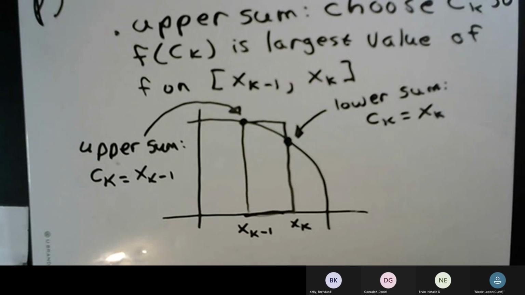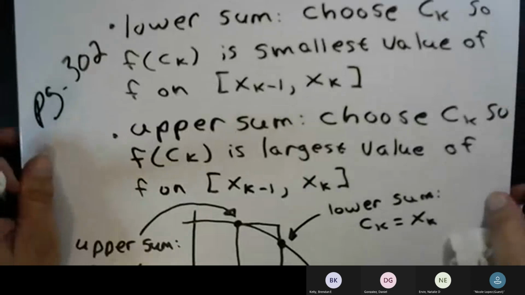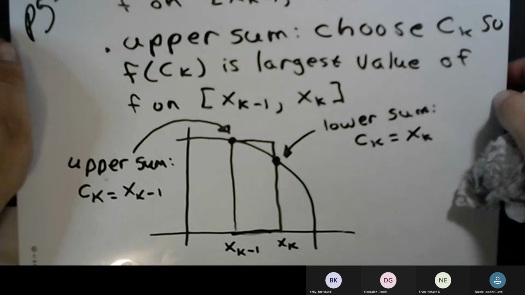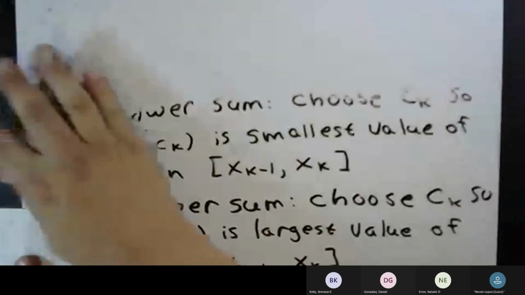And we're going to talk about, sort of, our last little piece of theory about whether or not something is going to be integrable. Just like with derivatives, one of the key issues is going to be continuity. But again, this lower and upper sum is going to be helpful if you ever need to show something is not integrable.